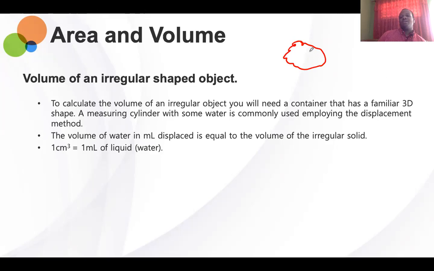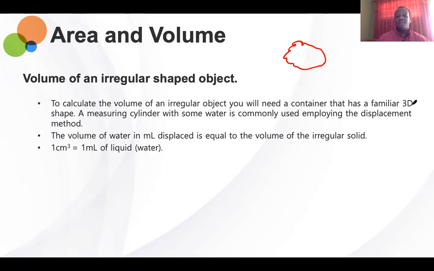There's no formula out there to calculate it. So we have another method that we use to calculate the volume of an irregular shaped object, and that's what we're going to discuss now.